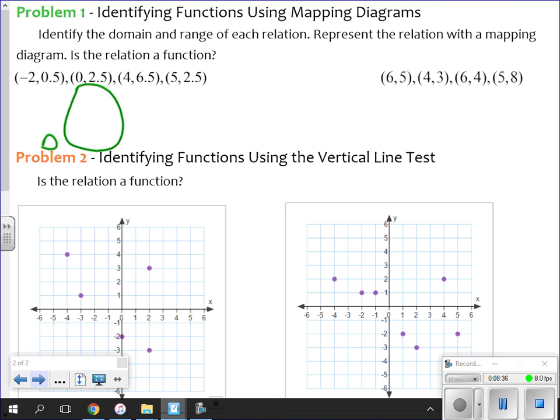The domain are all my x values. So I have -2, 0, 4, and 5. That's my domain. I make an oval that has all of my x values in it.